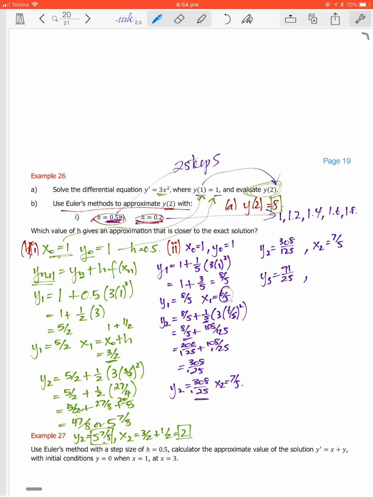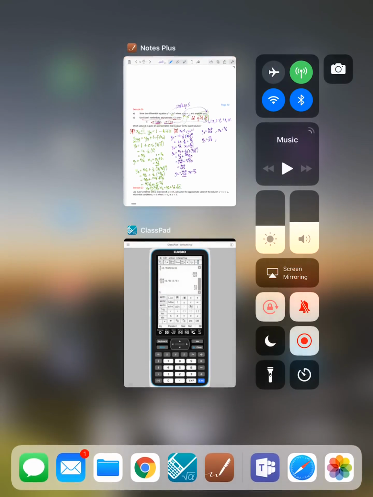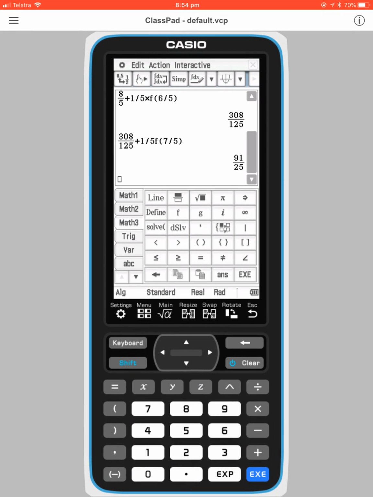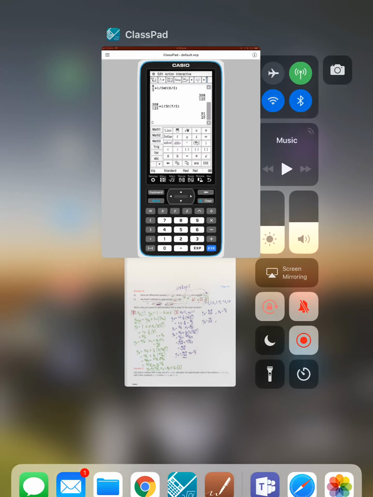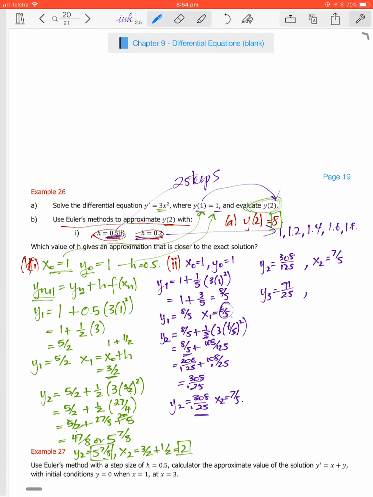And is that right? 1/5 f of 7 on 5... 91 on 25. Yep, looks like it's right. Okay, my next x value, I've got to add a fifth to that, so I get x3 is 8/5.